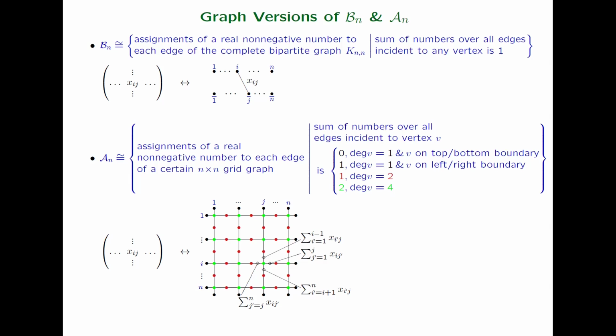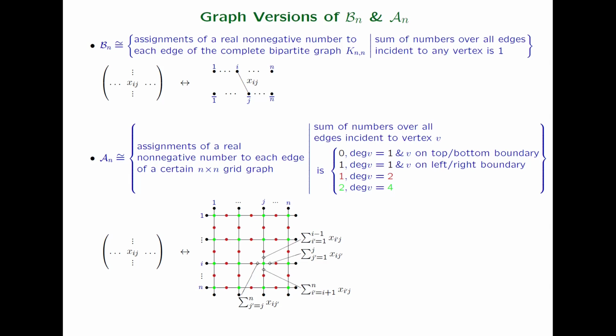So the condition that the sum over all the entries in row i is equal to 1 is just the same, in this formulation, as the condition that if I pick a particular i at the top and sum over all the edges which are incident to that, then that's effectively summing over all the different entries in row i, and that's equal to 1.